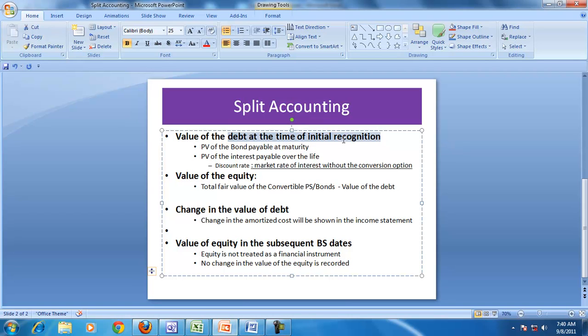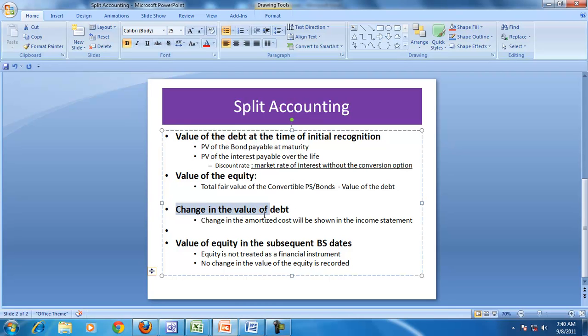The value of the debt will be determined by using the present value of the bonds and the present value of the interest, and the discount rate generally will be the market rate of interest without the conversion option. So the value of the equity is a residual value, and the debt will be shown at an amortized cost.